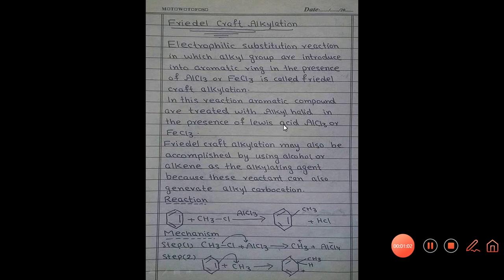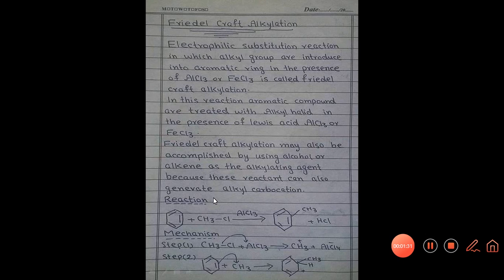So when one of the hydrogens of an alkane is replaced by a halogen, we call it an alkyl halide. In Friedel-Crafts alkylation, an alkyl halide is used to treat an aromatic ring in the presence of an acid, and the acid is either aluminum chloride or ferric chloride.